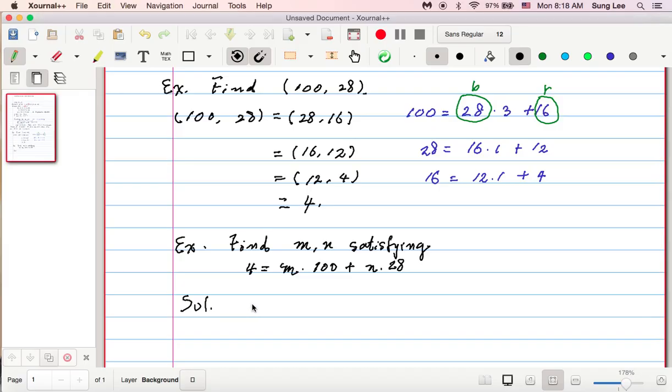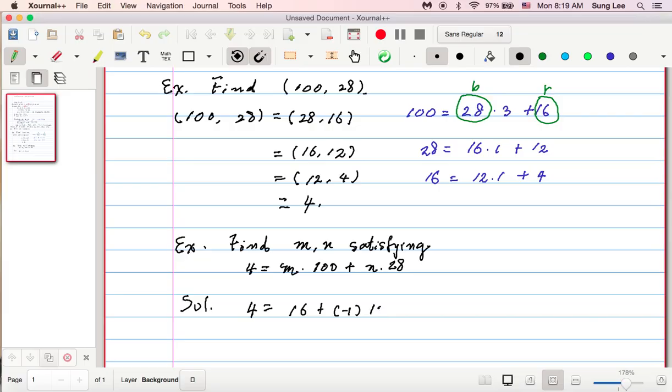Start with 4. If you solve this for the remainder 4, you have 16 plus negative 1 times 12.